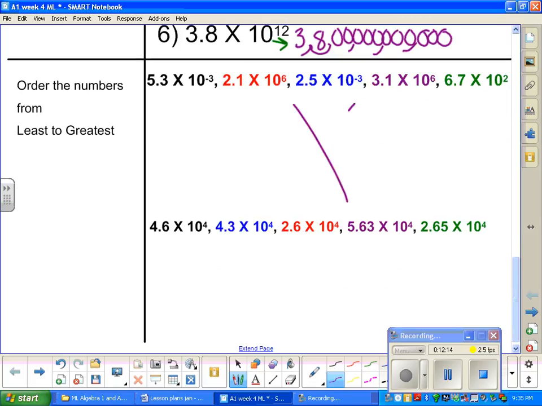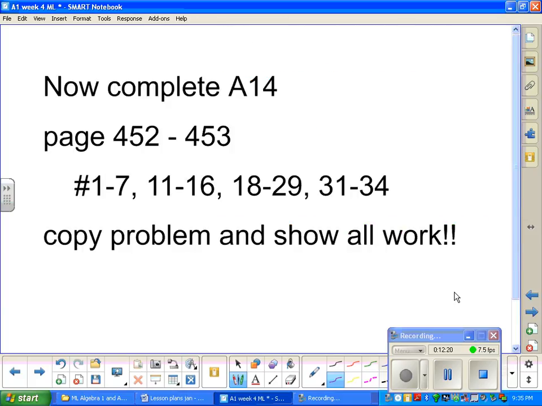Okay, so here's your assignments. A14, page 452 through 453. Copy problems and show all work. There are some that have the putting in least to greatest. Go ahead and attempt it.